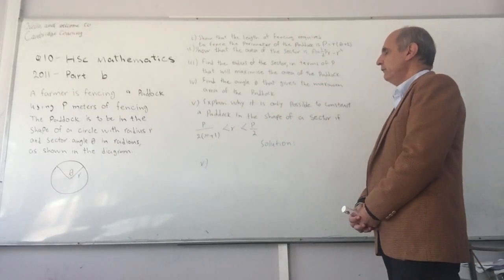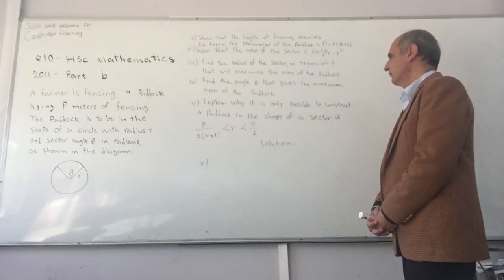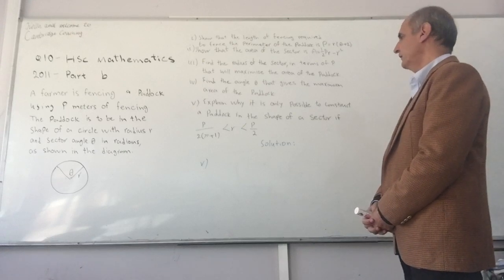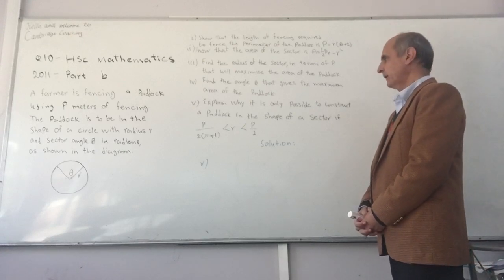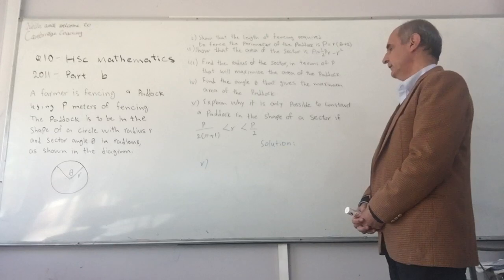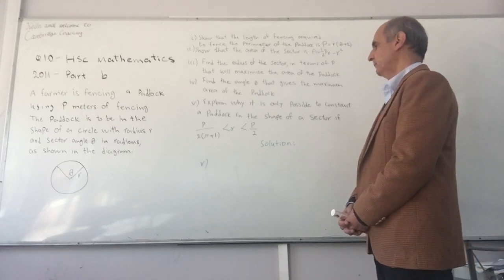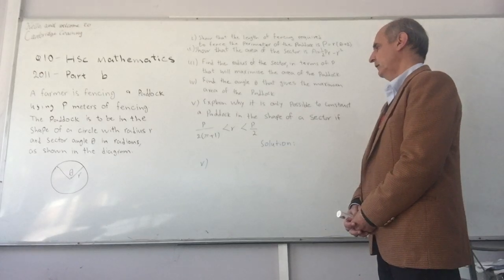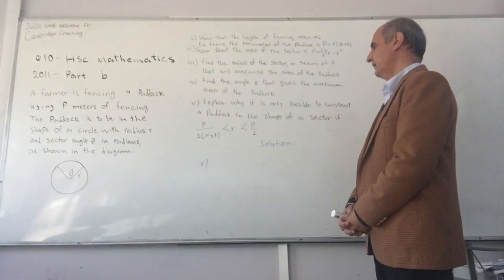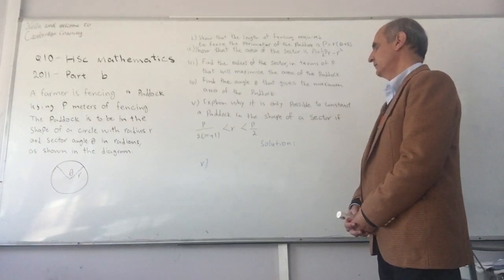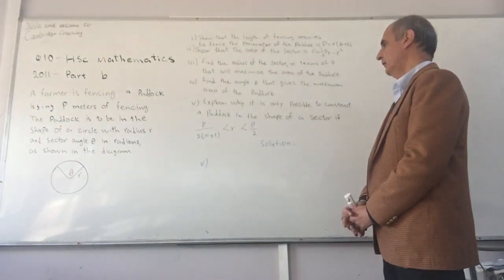For part 5, explain why it is only possible to construct a paddock in the shape of a sector if P over 2 bracket pi plus 1 bracket close is less than R, which in turn is less than P on 2.